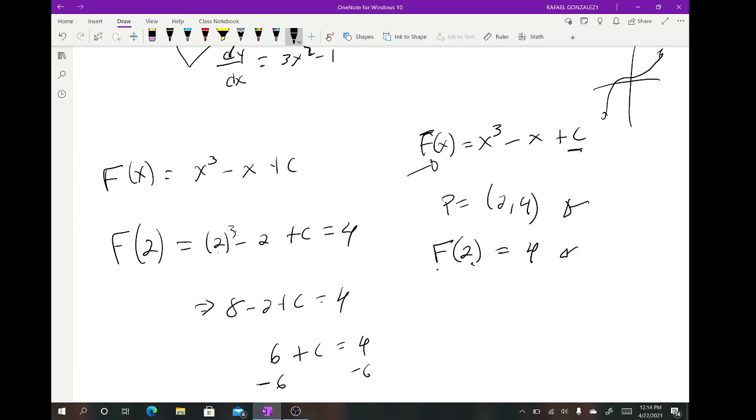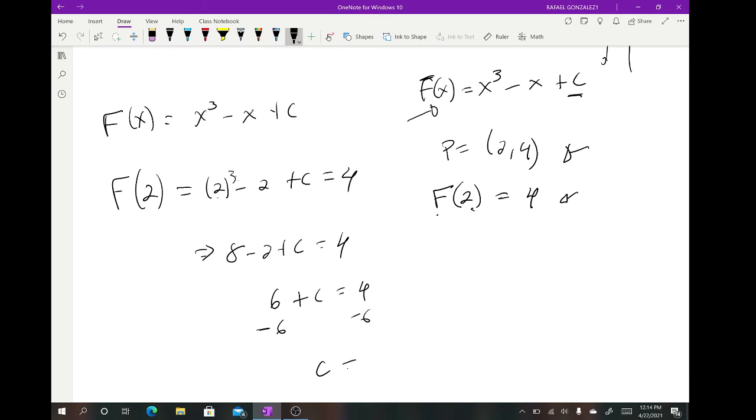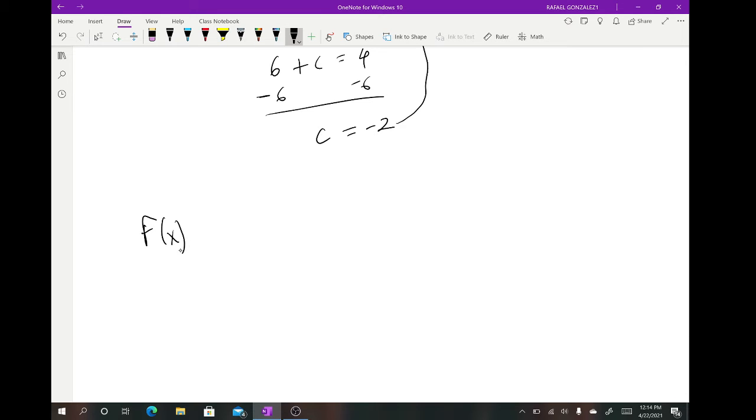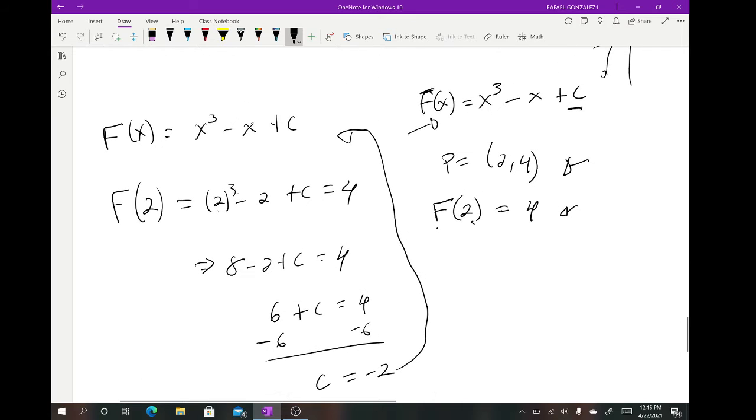If we subtract 6 on both sides, we have that c is equal to negative 2. So now we have found a particular solution for the antiderivative, because now we know that F of x is equal to x cubed minus x minus 2. So this is a particular solution for F of x. This point that I gave us is called the initial condition.